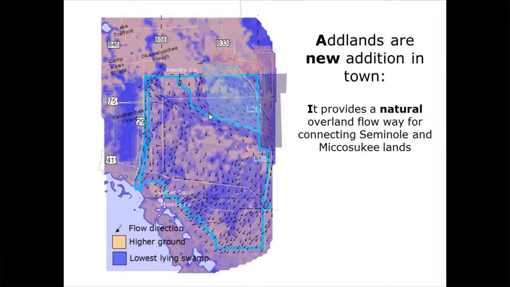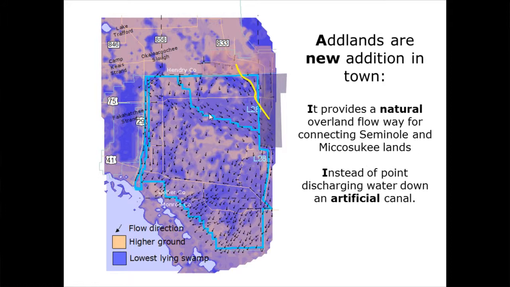It's only in recent times that we've had an opportunity to look at this area as a natural overland flowway for connecting the Seminole, National Park Service and Miccosukee conservation lands with that sheet flow, instead of having all that water bypass that natural area in an artificial canal. So it's an exciting opportunity that we're all at the table trying to figure out.